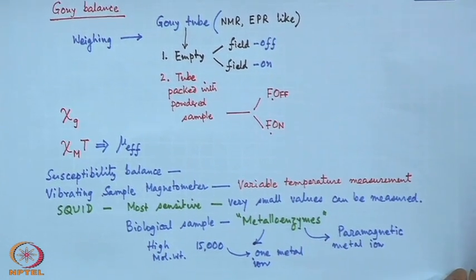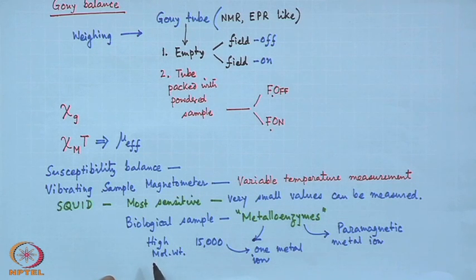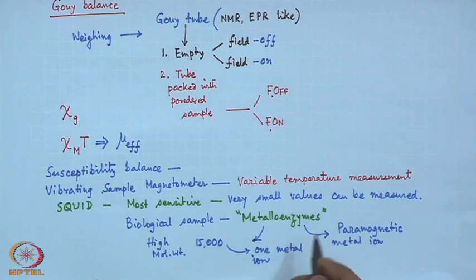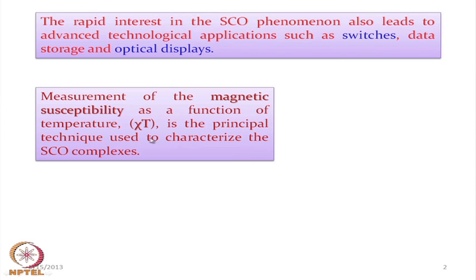The presence of this one metal ion within this huge biological molecule makes the measurement of its susceptibility a difficult task. SQUID is well suited for measuring the magnetic moment available through some metalloenzymes. So, these are the different techniques that we can use for these magnetic moment measurements.